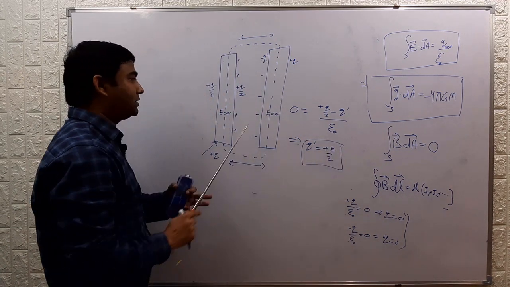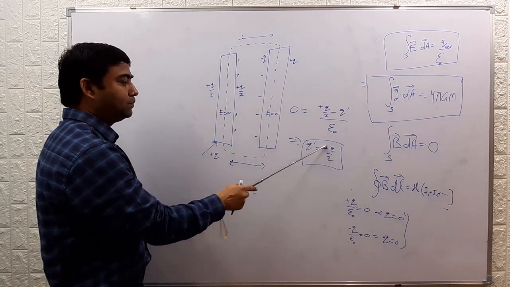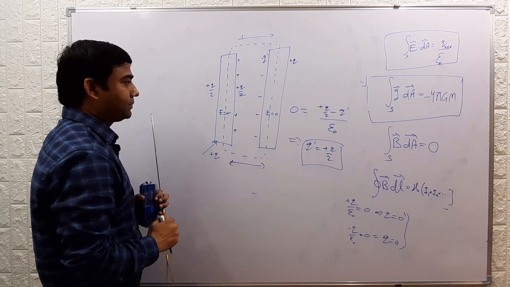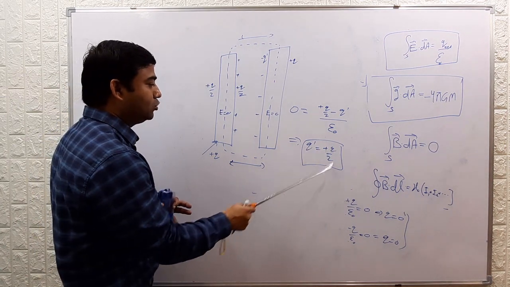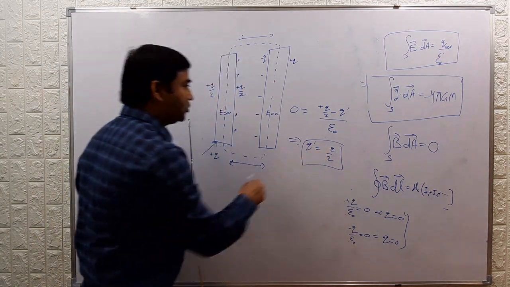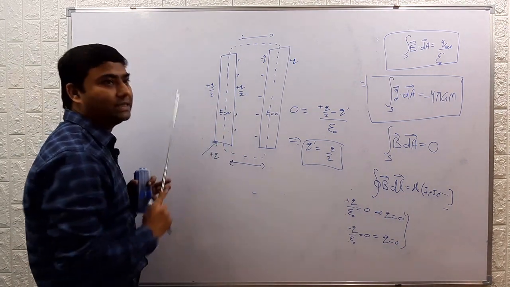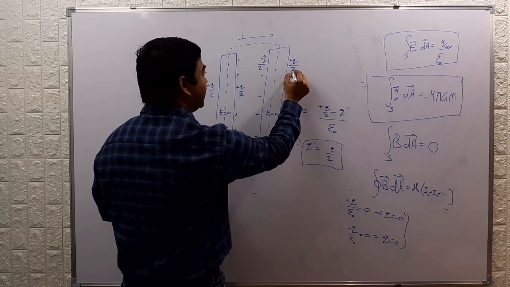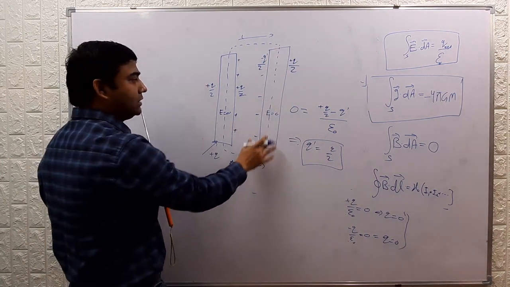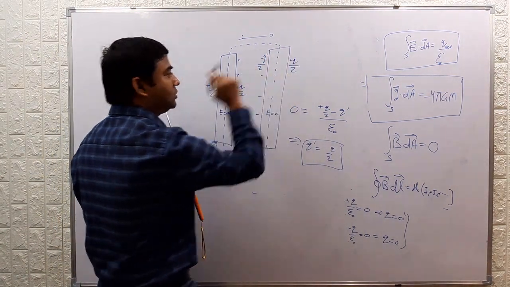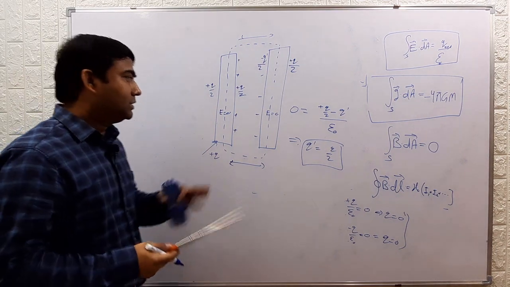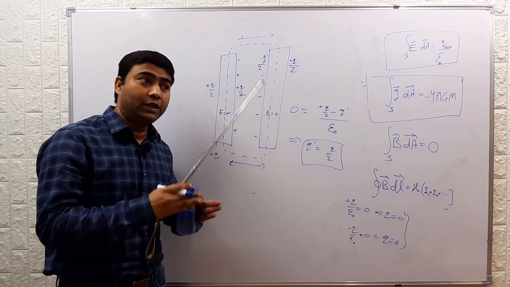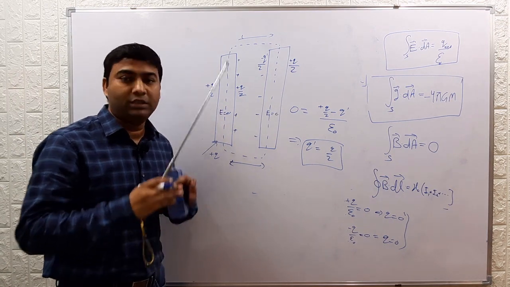So the induced charge on this surface will be minus Q by 2, because we have already assumed it is minus. And as the whole charge is constant, this surface will have plus Q by 2.